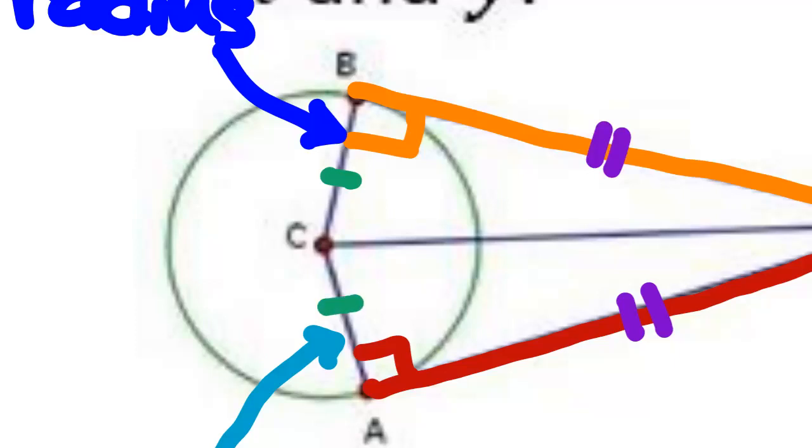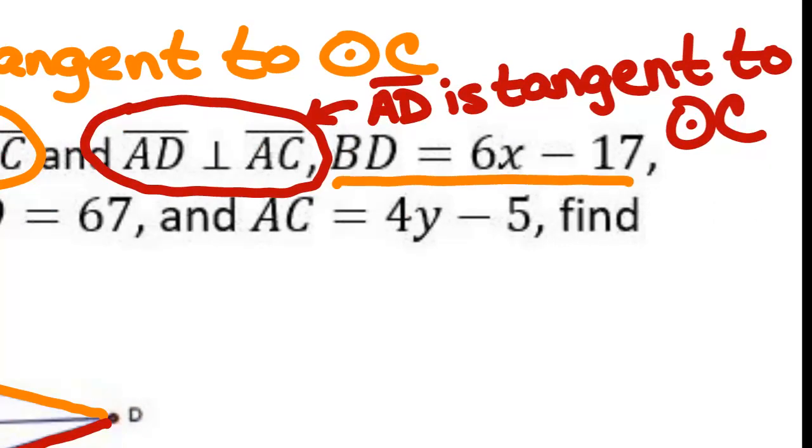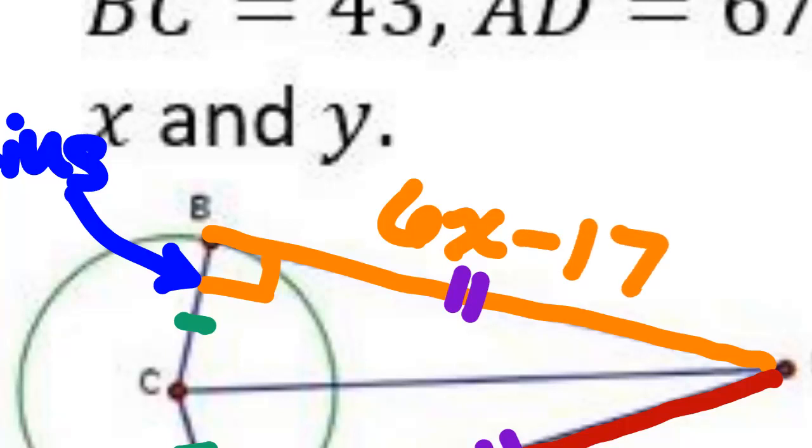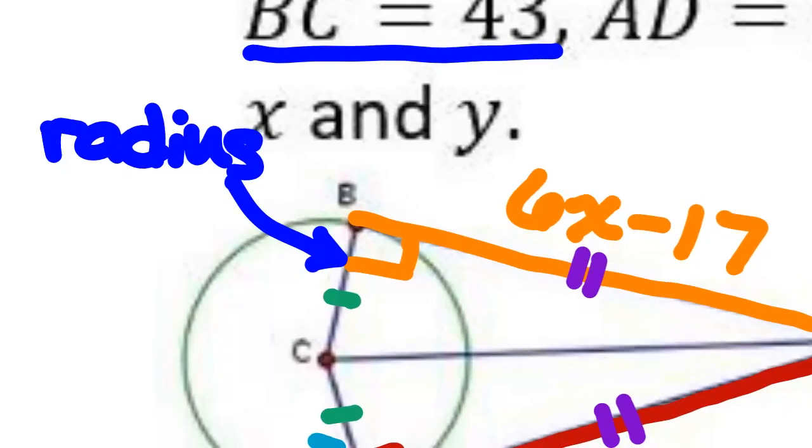All right, let's see what other information they give us. Here it says that BD is 6x minus 17. So I'm going to add that to my picture. 6x minus 17. BC is 43.